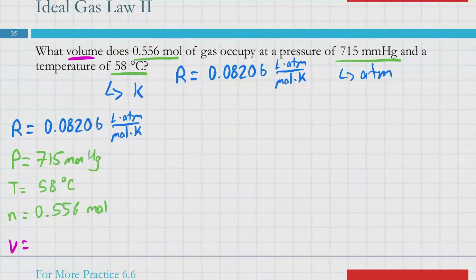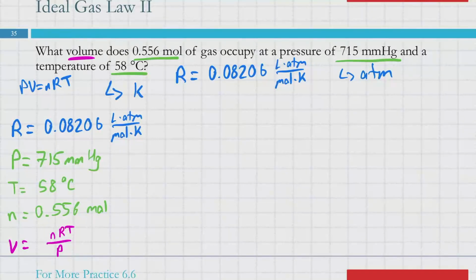And we're solving for the last one, which is V. If we write out our PV equals nRT, solving for V, we want V by itself. We're going to move P to the other side. So it's nRT over P is what we're going to be doing equation-wise.